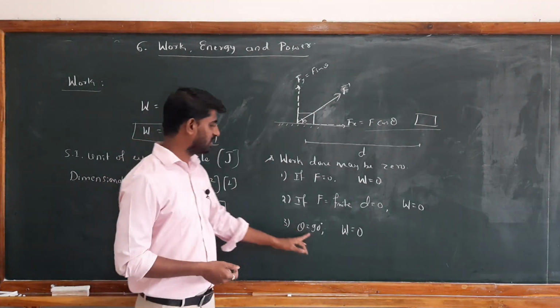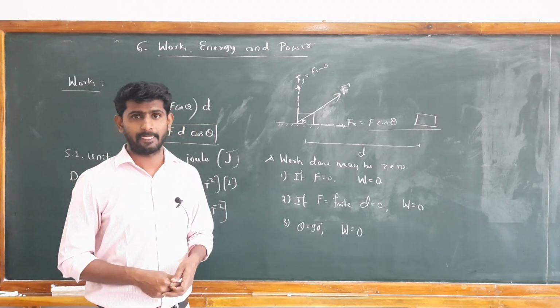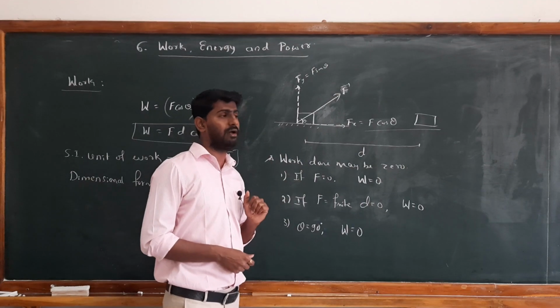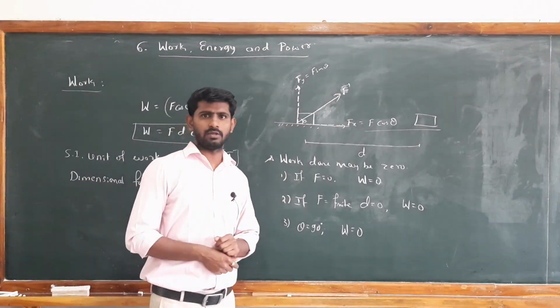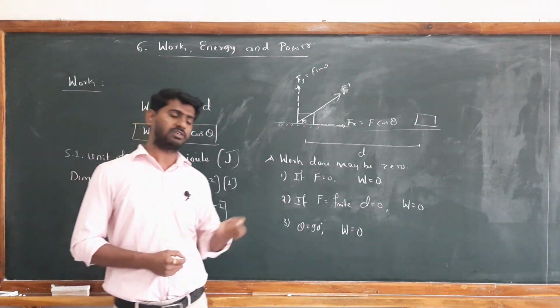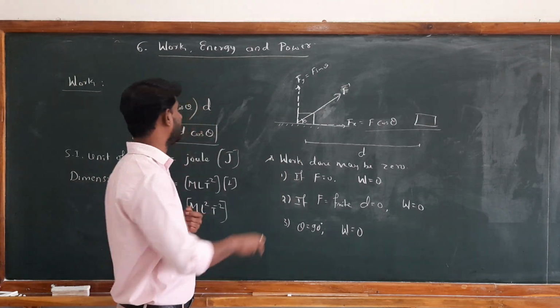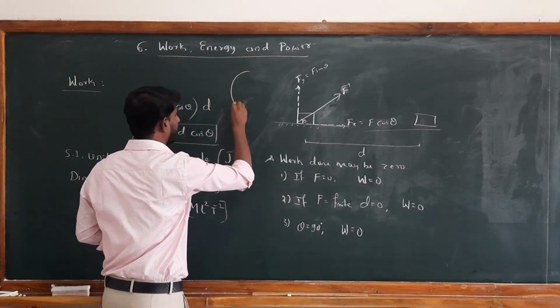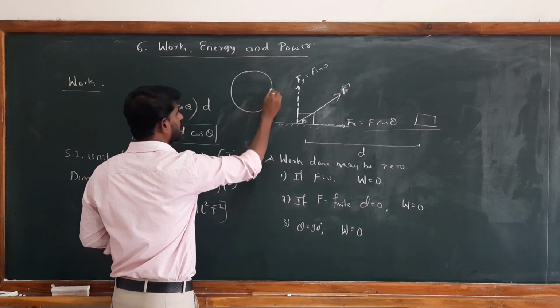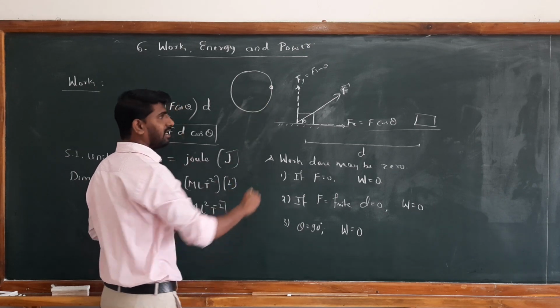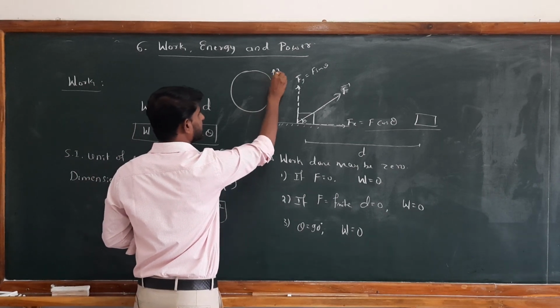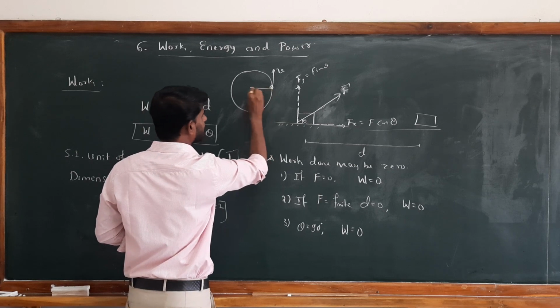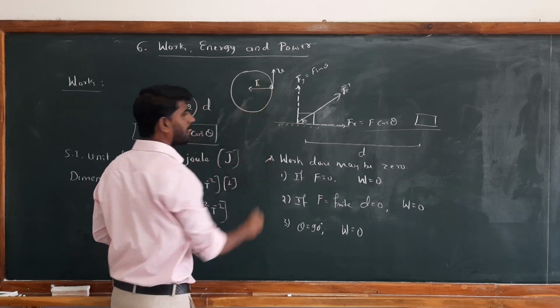When you observe such a case, in our previous topic we studied circular motion and the centripetal force. Here this is the path of the circular motion, and suppose the body is here and its linear displacement is like this, and it is under the action of the centripetal force, right?